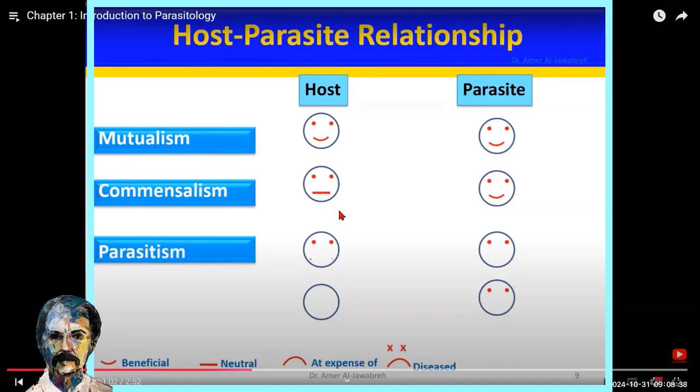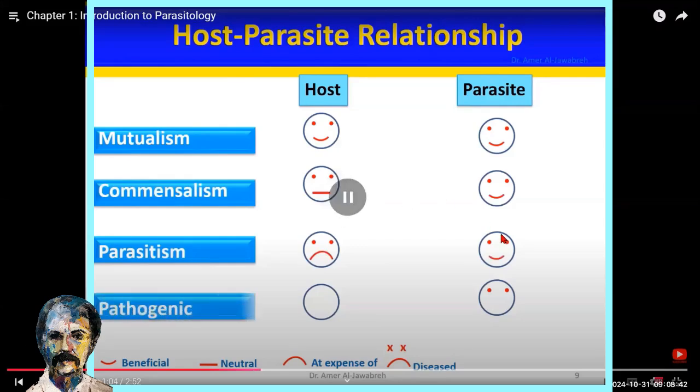And there is parasitism. All the time the parasite is laughing or happy. As humans, in parasitism, we are not only not benefiting, we are getting some damage. So we don't need this. If you get damage by multiplication, but this damage does not reach a state of disease, we call this parasitism.